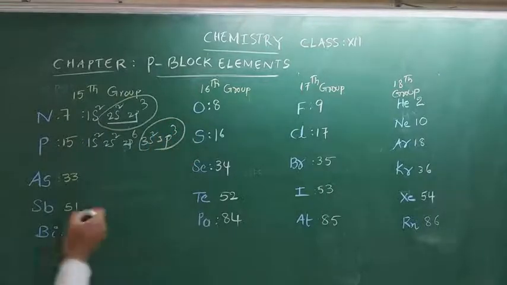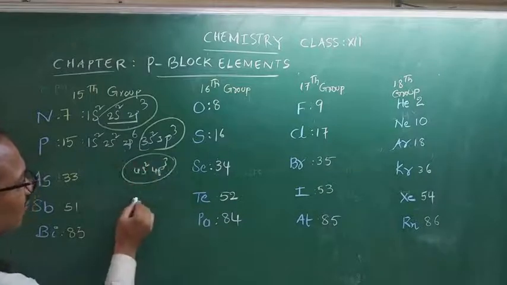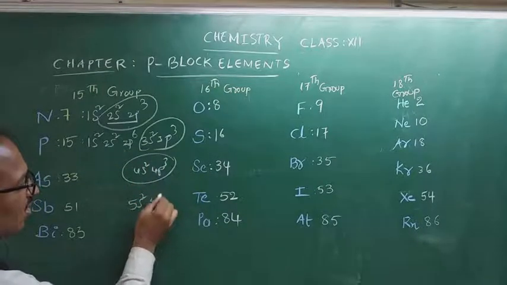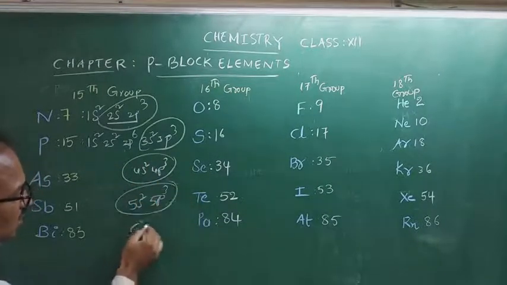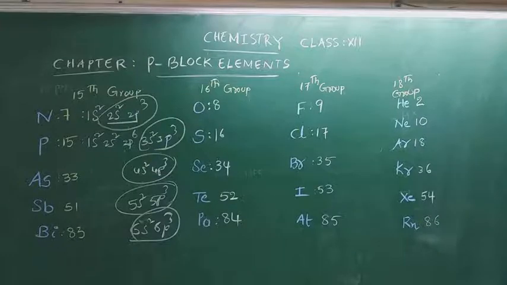Next, if you keep on writing 4s2, 4p3, 5s2, 5p3, 6s2, 6p3. So in this, the general valence shell electronic configuration is ns2 np3. The general valence shell electronic configuration.